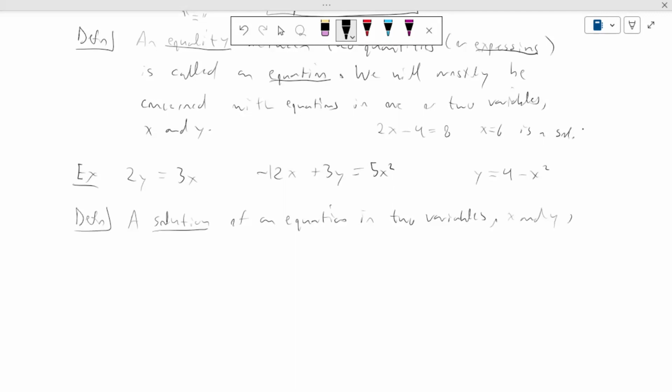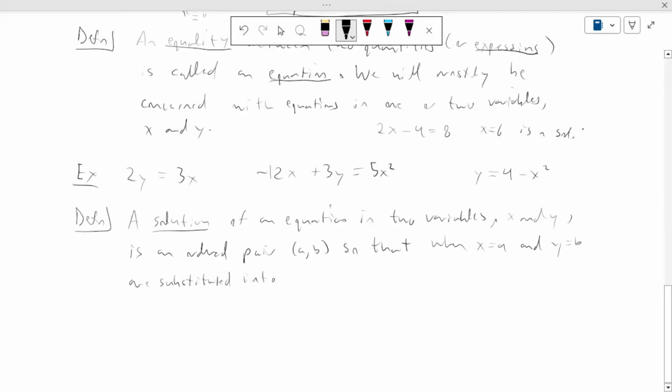A solution is an ordered pair (a, b) such that when x equals a and y equals b are substituted into the equation, a true statement ensues.